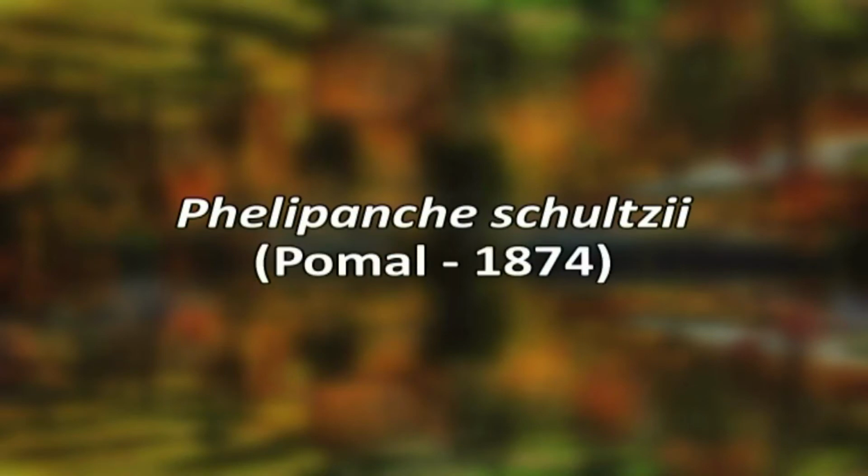For example, the name Orobanche schultzii was given by Mutel in Flore de France in 1835, with a description without citing the exact specimen as type material. The name was later changed by Pomel to Phelipanche schultzii in 1874.